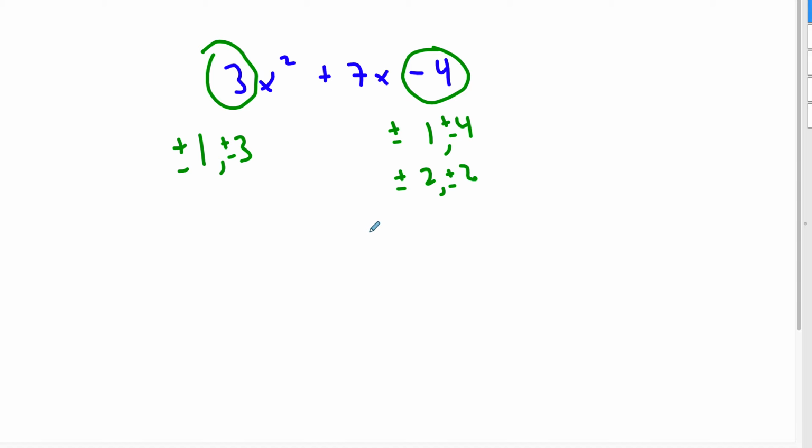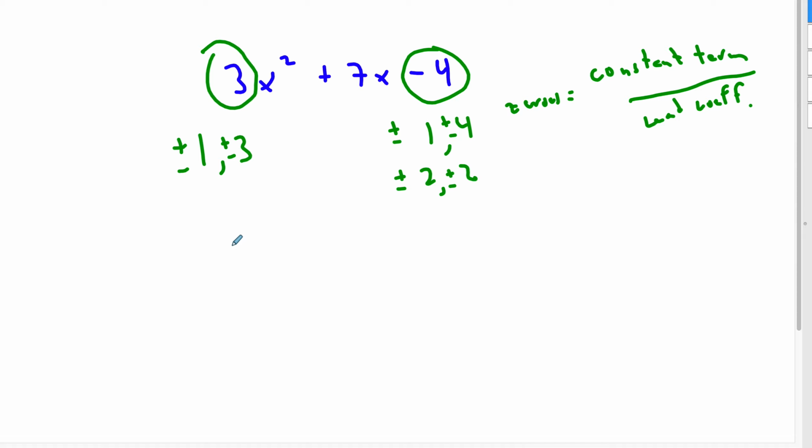Then we take all possible combinations, because remember, the possible zeros are going to be the constant term, that is the plain old number, divided by the lead coefficient. So we just do all the possible combinations.